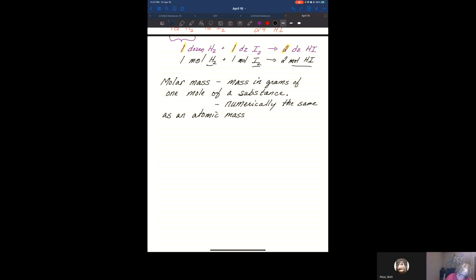The reason why molar mass and atomic mass or formula masses are the same numerically is based upon the definition of a mole and the definition of an atomic mass unit.